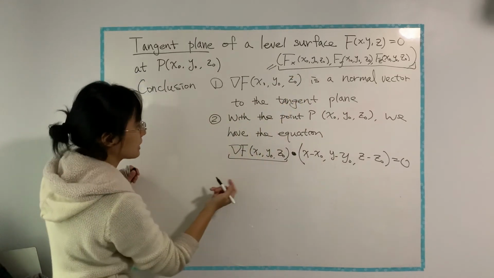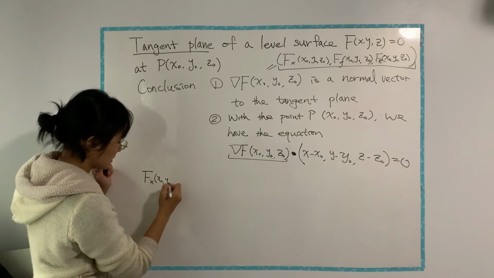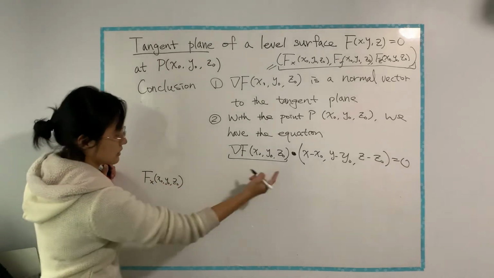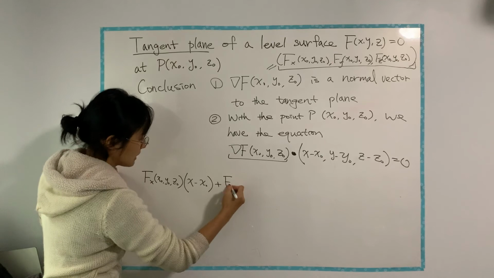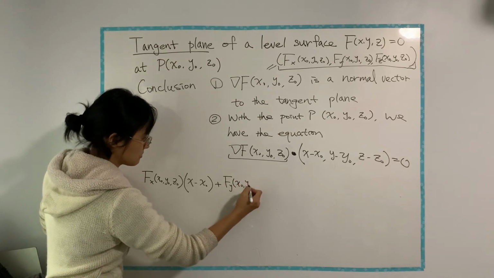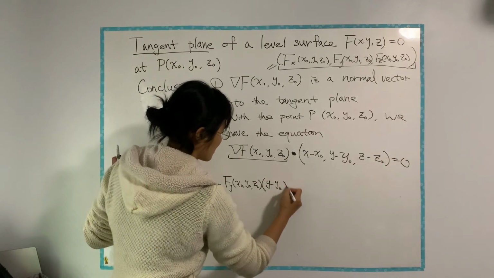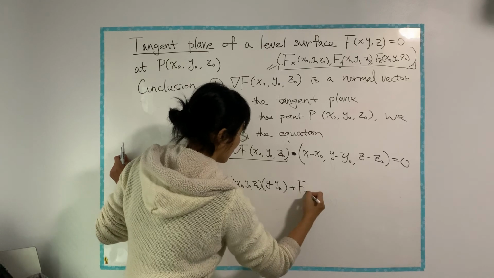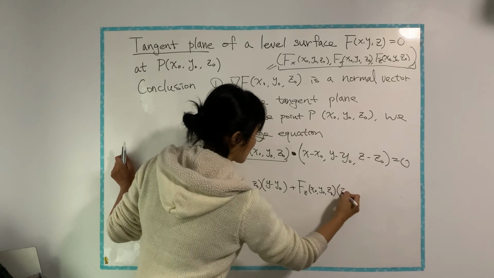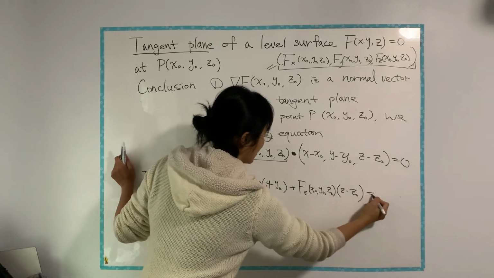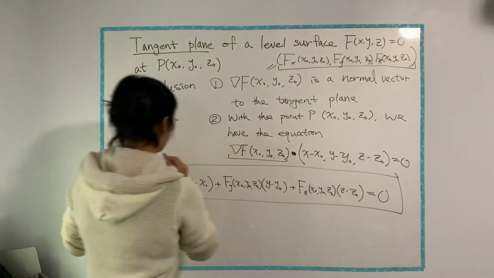So I'm going to have df dx evaluated at P times the x component, plus df dy evaluated at P times the y component of the vector, plus df dz at the point times z minus z naught, and equals 0. So this is my equation.